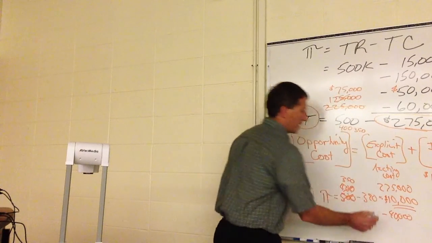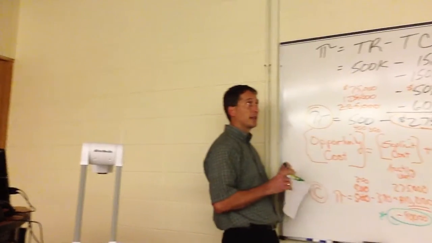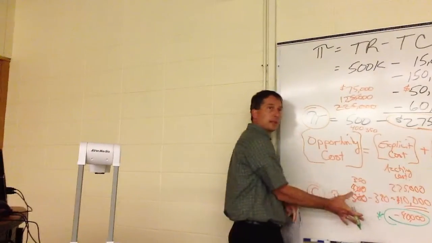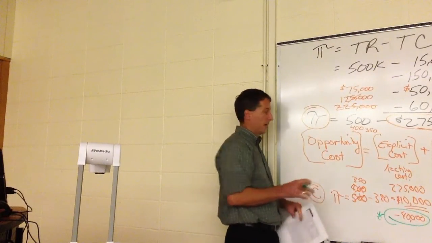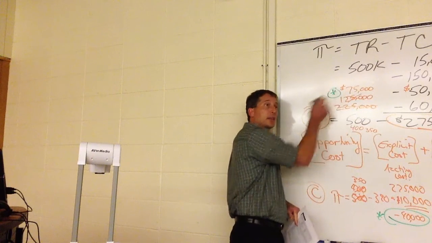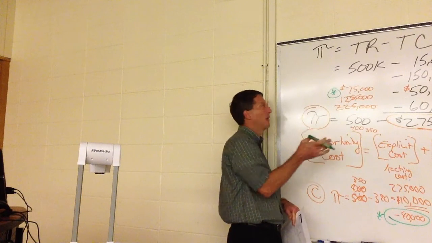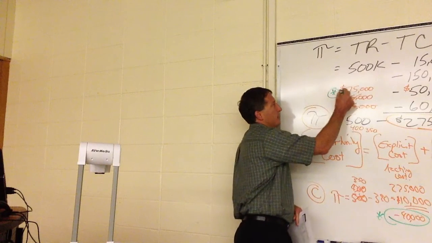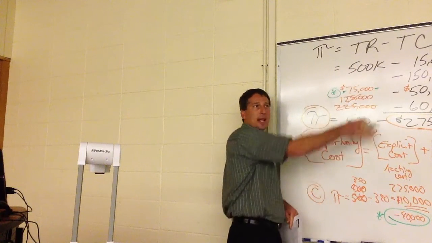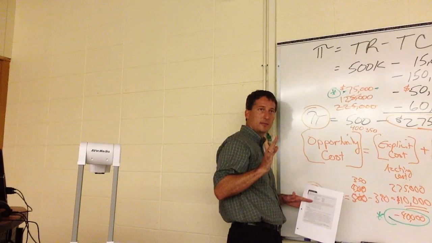Now this is where the power of using opportunity cost comes into play, especially because a lot of business owners might fool themselves into thinking they're doing okay by making 75,000, right? In fact, he might even be saying to himself, well, I'm making 75 and that's the same that I could be doing at the high-end restaurant, so I'm okay.